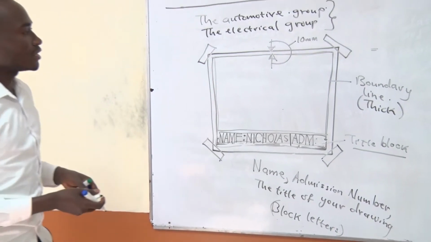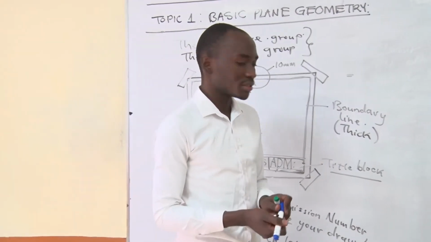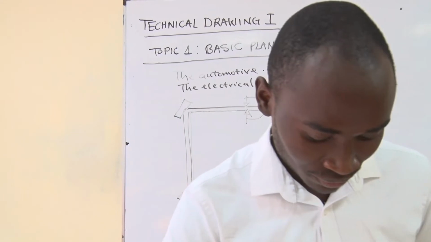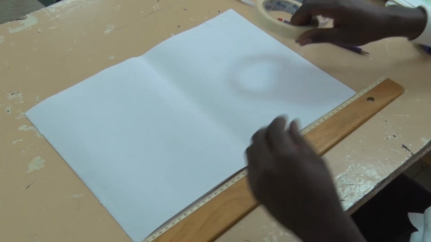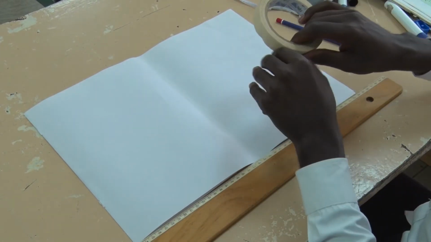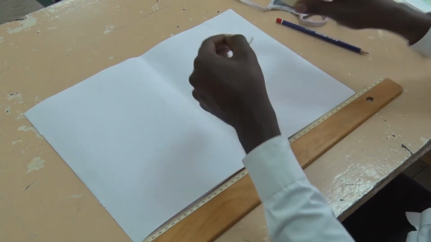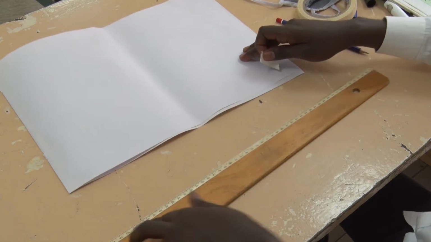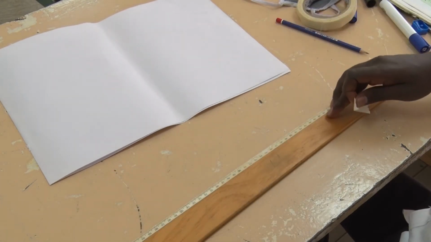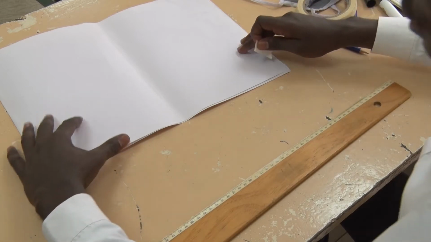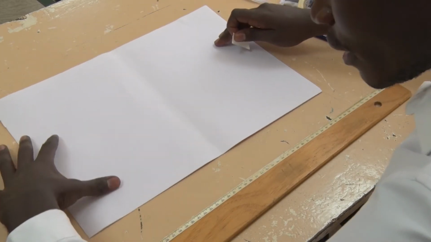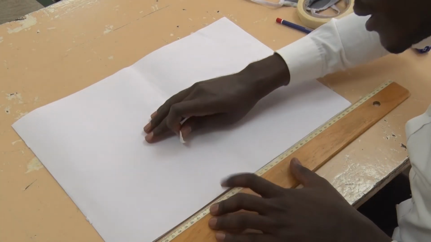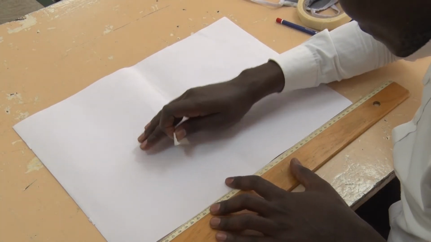I think we can now start with the demonstrations on the paper itself. First of all, this is your T-square. This is the one that you use to set up your paper. To set up your paper, you have to lay it such that it touches the bottom of this particular T-square, like this.